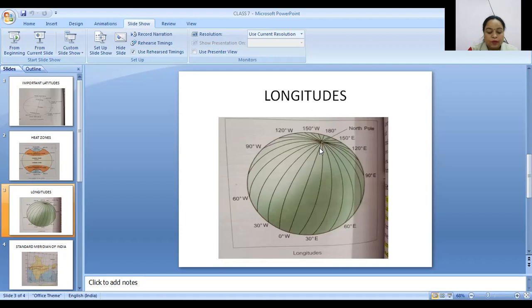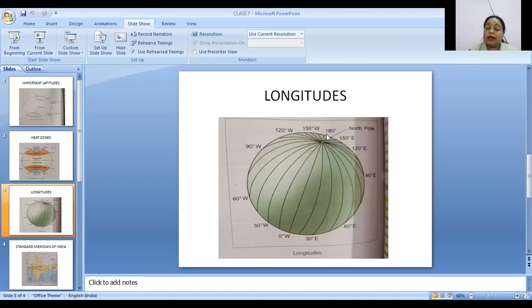The prime meridian and the 180 degree meridian divide the earth into two equal halves, not this way, but in the standing way.